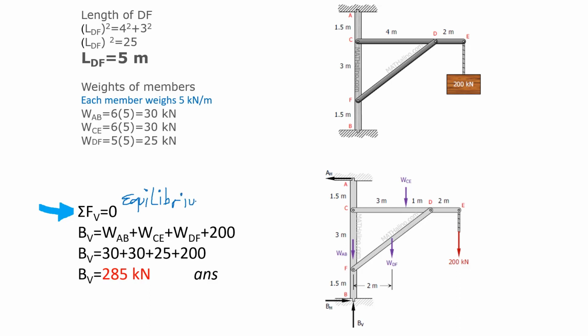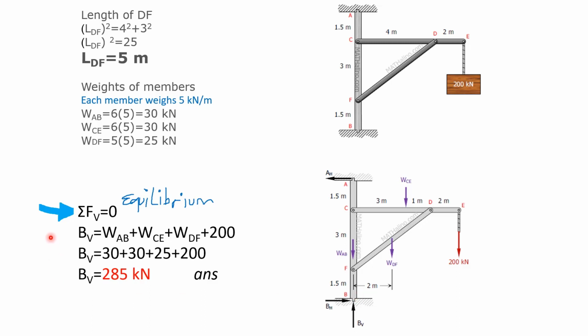What do we know? Here we know all the weights, the lengths, the external force, AH. So actually AH is not used here in the vertical forces. We can use the weight of this AB bar.